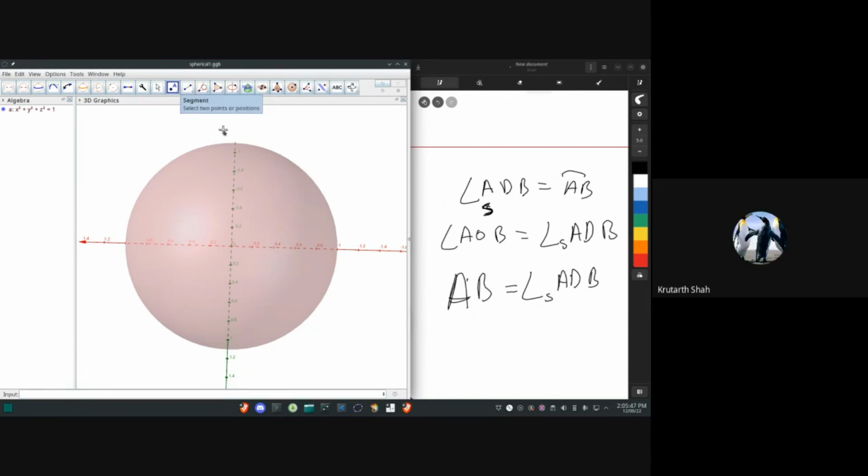Yeah. So suppose you have 3 points A, B, C, and they form a triangle. We define their polar triangle as follows.